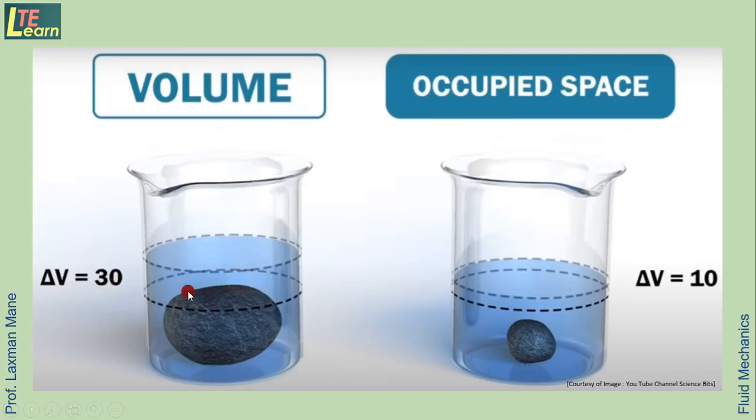So it indicates that this is the volume, about 30 cubic centimeter for the first case. Similarly, in case of the small pebble, the space occupied by it, that is volume, is shown here as 10 cubic centimeter.